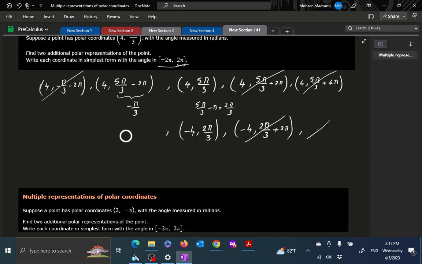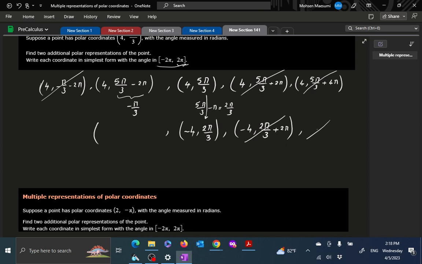Now I can go leftward. Leftward, I'm going to subtract 2π, or if you wish, I can subtract the π from this one. Either way. So you come from here to here, you subtract the π, or you go horizontally, you add or subtract 2π.